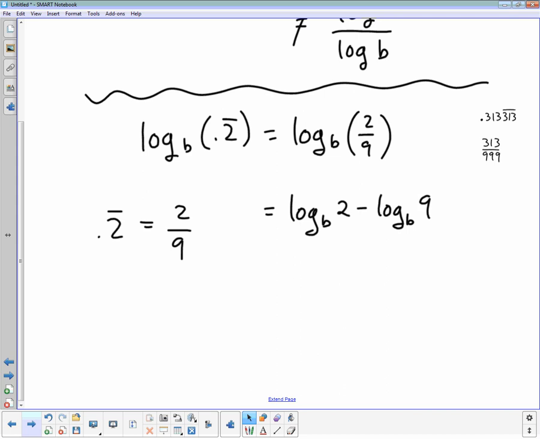Well, couldn't you take 9, make it 3 squared, and use that? You could do that, and there's nothing wrong with that. Sometimes it's useful, sometimes it's not. I wouldn't say it's wrong or anything.